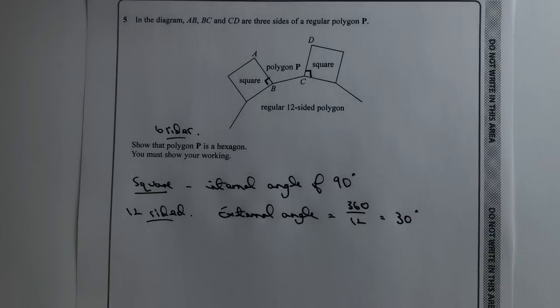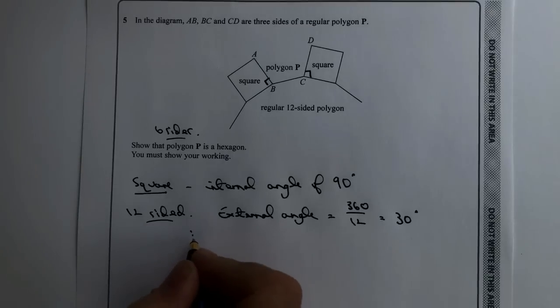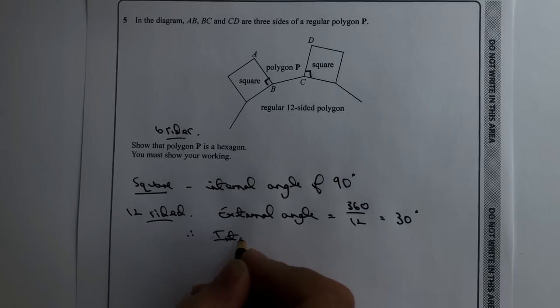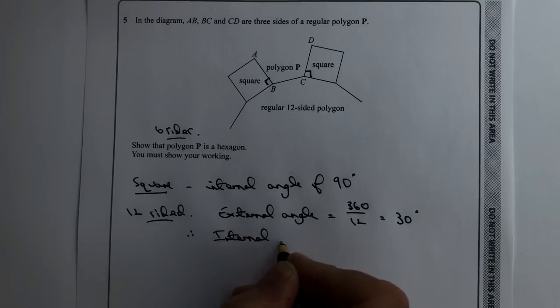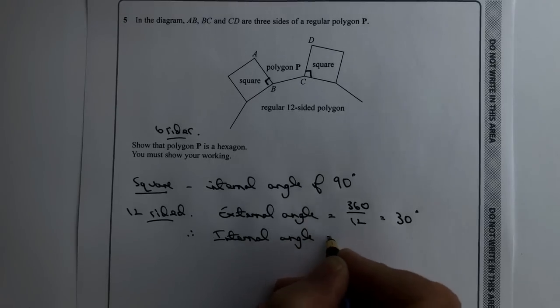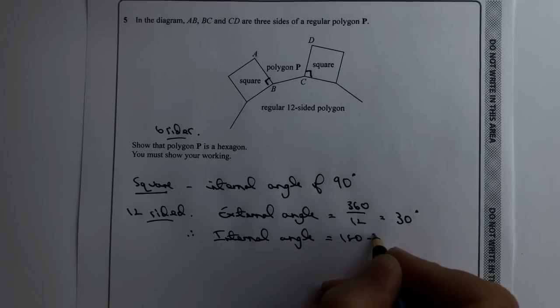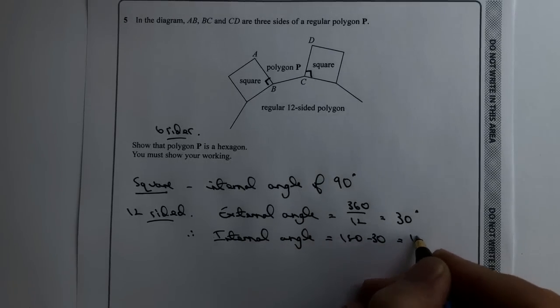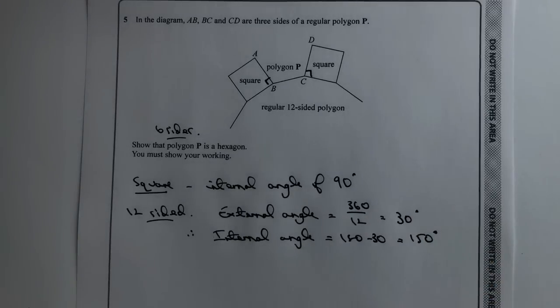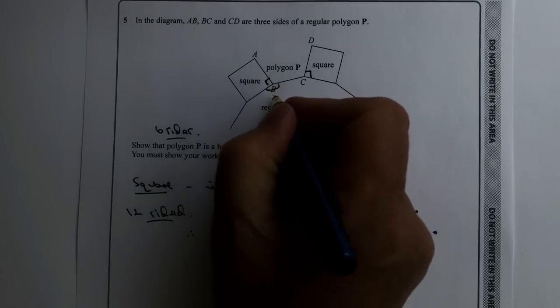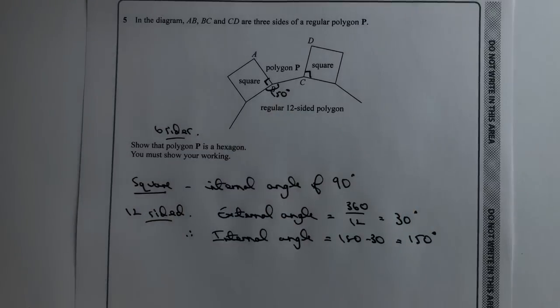So therefore, I know that the internal angle of the 12-sided polygon is going to be equal to 180 minus 30, which is 150 degrees. So going back to our diagram here, I can say that this angle is 150 degrees.